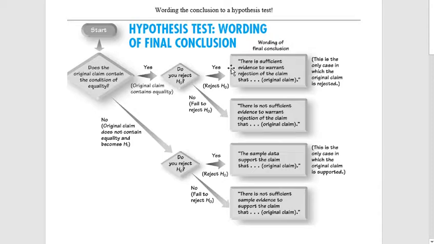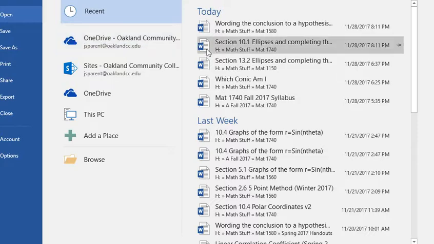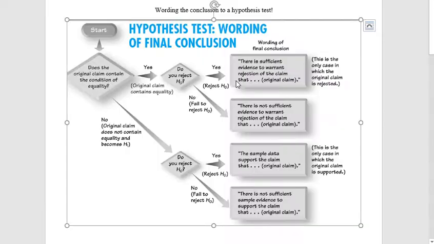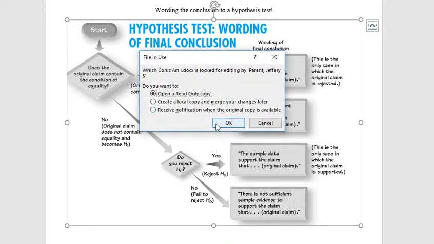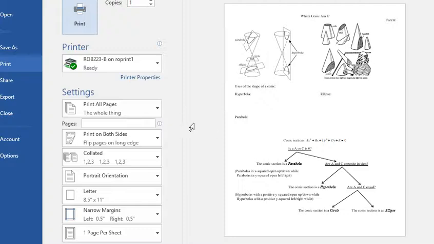No, that's not the one I wanted. Okay. I think I noticed that one or two of you might not have gotten a copy of that last one, so I'm just going to print out a couple extra here.